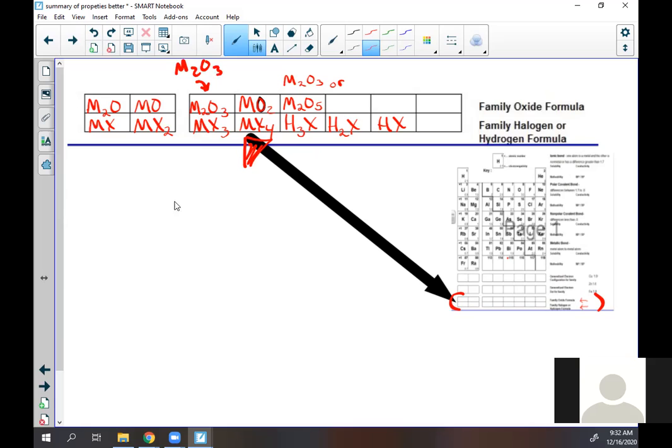That one's kind of hard to read, so it's M2O3 right here. These, you have to squeeze into the same one. This is M2O5 or M2O3 right here. You can leave these blank. I think the rest of them are reasonably easy to read.